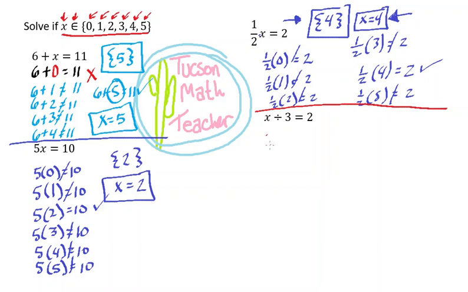Let's do this one. Okay, so we said x divided by 3, so 0 divided by 3 is 2.